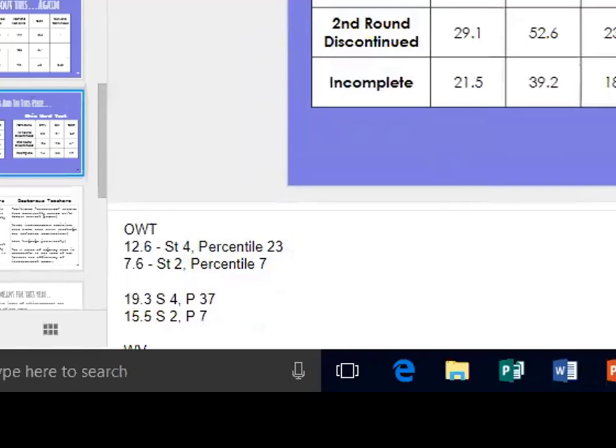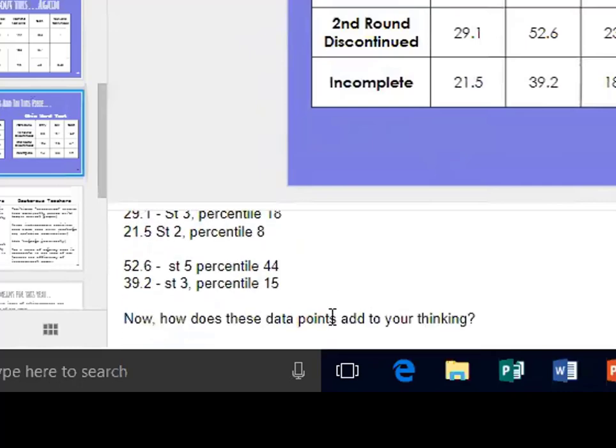So we looked at it in a different way too, just because we felt like percentiles make it more tangible, I guess. The numbers are one thing and the stanines tell you another thing, but the percentiles really made it more drastic.